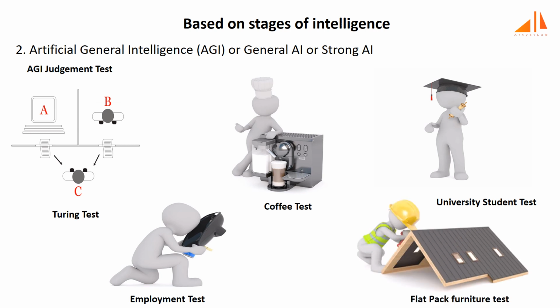Flat pack furniture test. The flat pack furniture test advocates an AI machine that assembles flat pack furniture just by looking at a diagram. The task includes the AI machine identifying the parts required for assembly of the furniture and completing a challenge. Currently, we don't have any machine which exhibits general AI or strong AI.